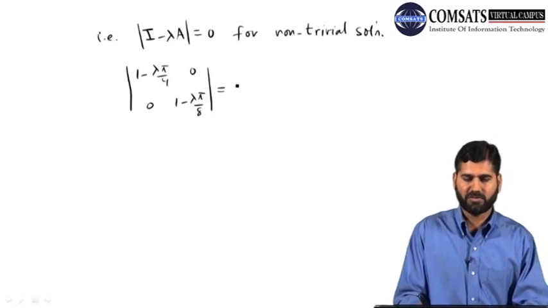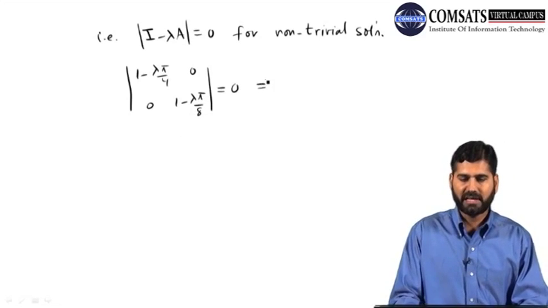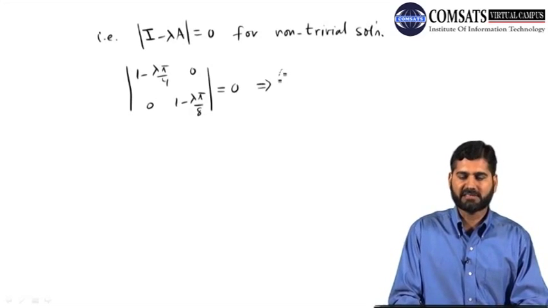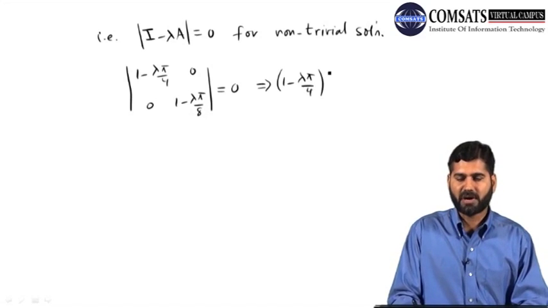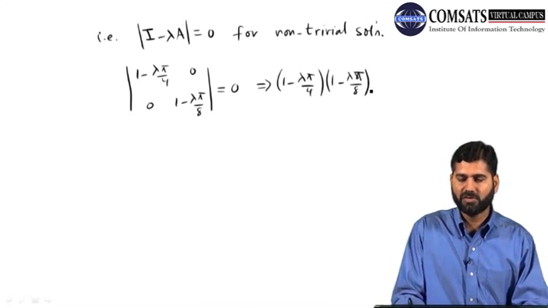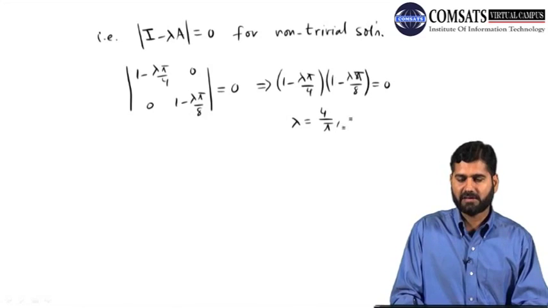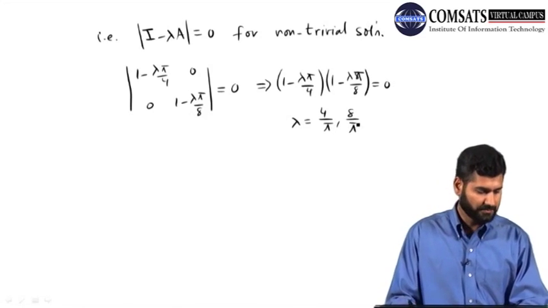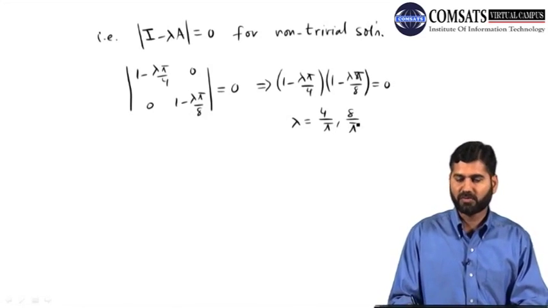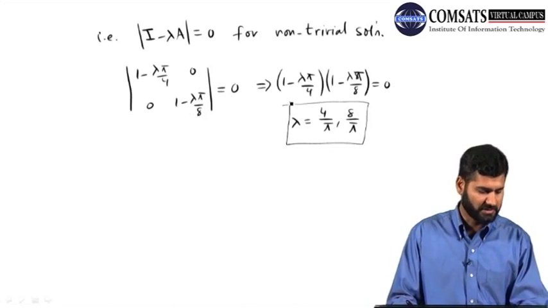This thing has to be equal to 0. The determinant of a diagonal matrix is just the product of the diagonal entries. So this is easier here. It's a product of the diagonal entries equal to 0. So from here lambda is equal to 4 by pi and 8 by pi. Clearly these two are the values. So these are the two values which will give you non-trivial solutions.